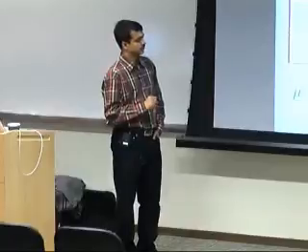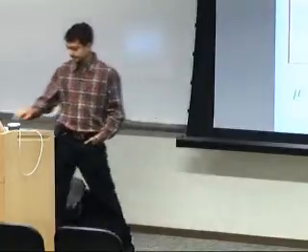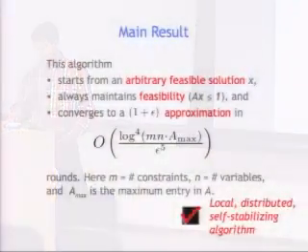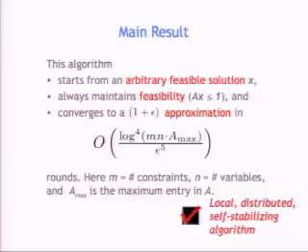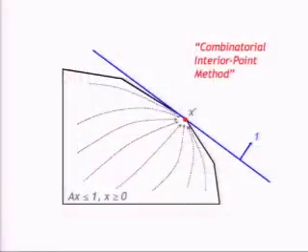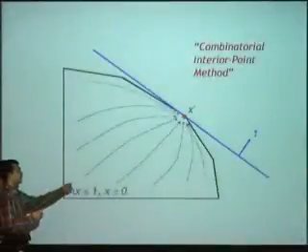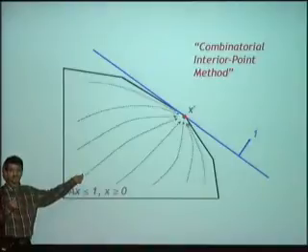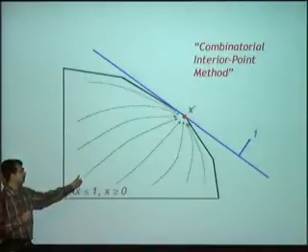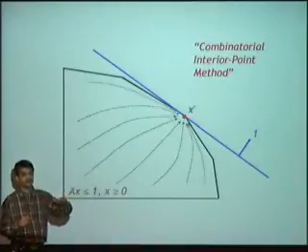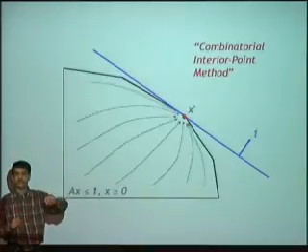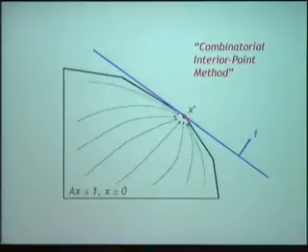That's the only place where they use the information about the size of the network. So I like to think of this algorithm as a combinatorial interior point method, because starting from any point inside the feasible region, the algorithm takes an internal path and converges to a near optimum solution in a polylog number of iterations.